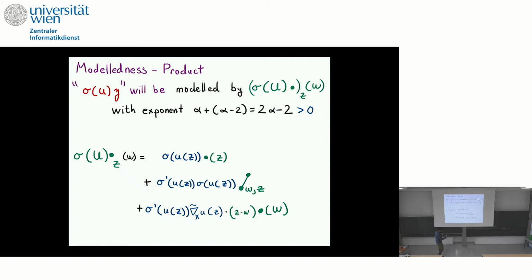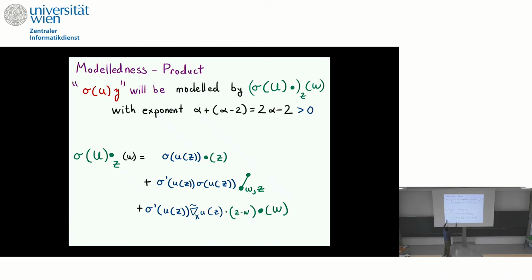So the main problem I showed you on one of the first slides is that this product on the right-hand side was ill-defined. How I can approach actually building that product is to first think about it as a modeled object. So sigma of u is modeled. The noise itself is modeled because it's perfectly captured by the noise itself.